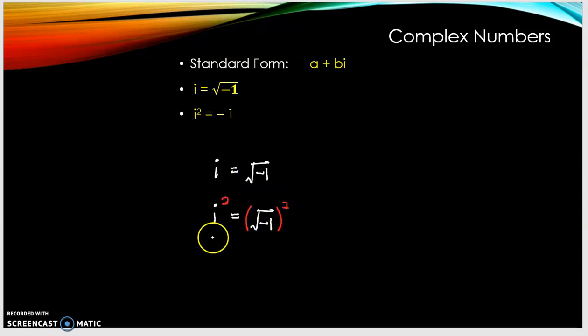So therefore, i squared is equal to the square root of negative 1 to the power of 2. We can cancel out the square root and the power of 2. Therefore, what we have here is negative 1. So this is very important. You have to remember that i squared is equal to negative 1.